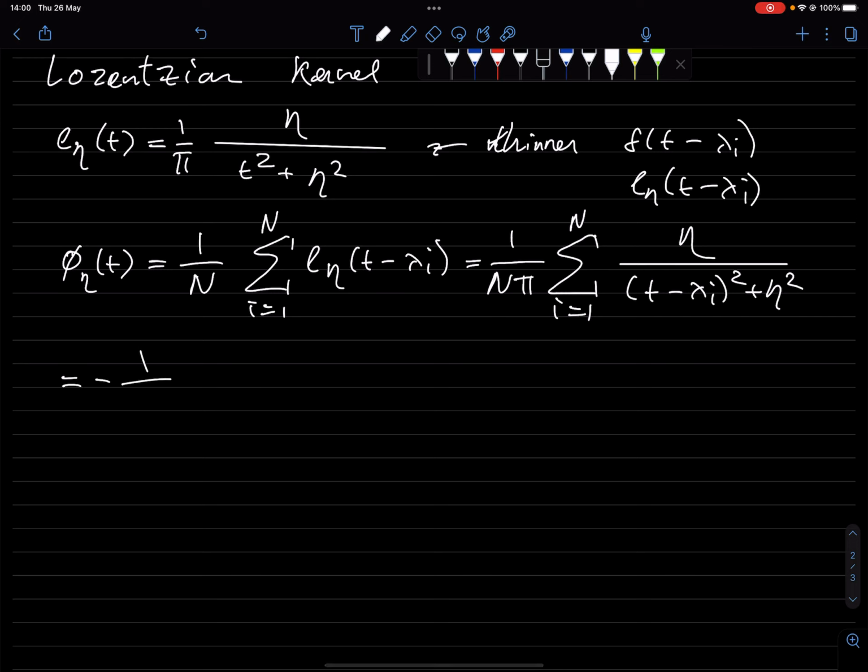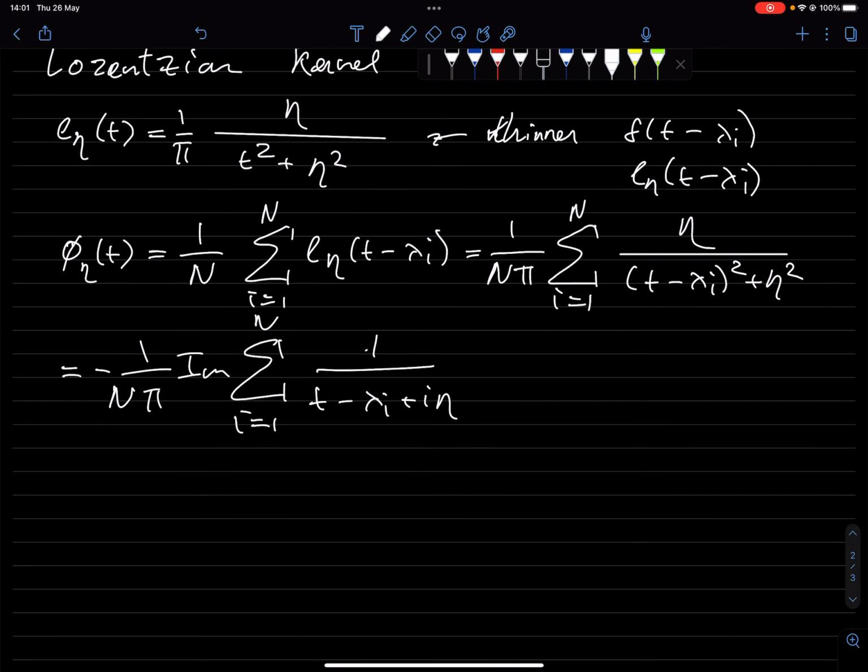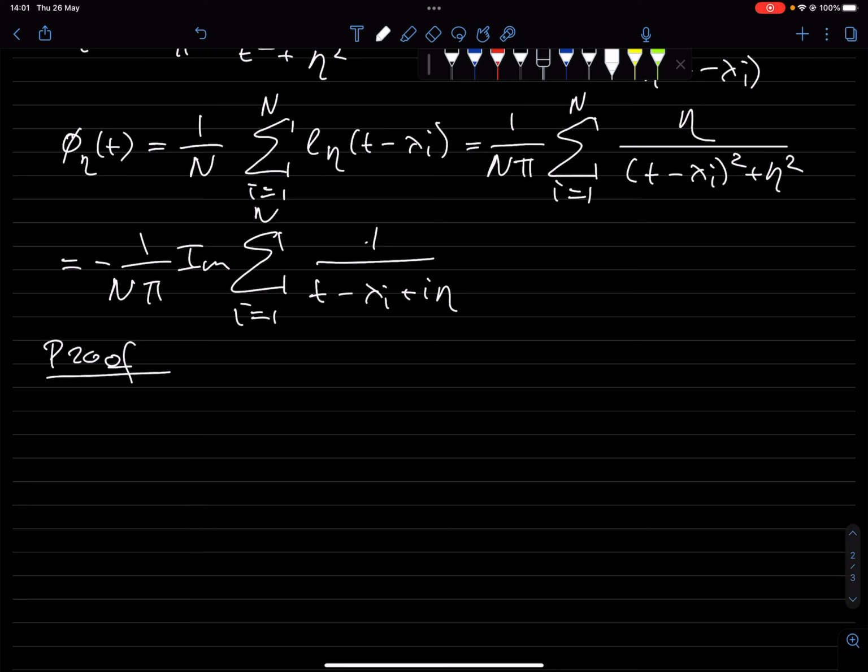So we can express this as minus 1 over n pi, the imaginary part of the sum from i equals 1 to n of 1 over (t minus lambda i plus i eta). We can see this, and I'll just write here, proof, because if we take minus 1 over n pi times the imaginary part of this, we can swap the sum with the imaginary part.